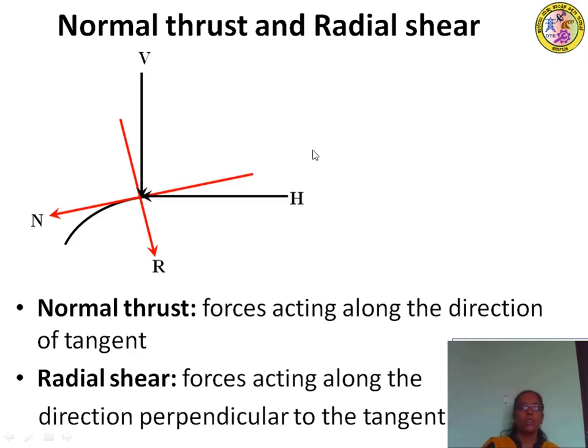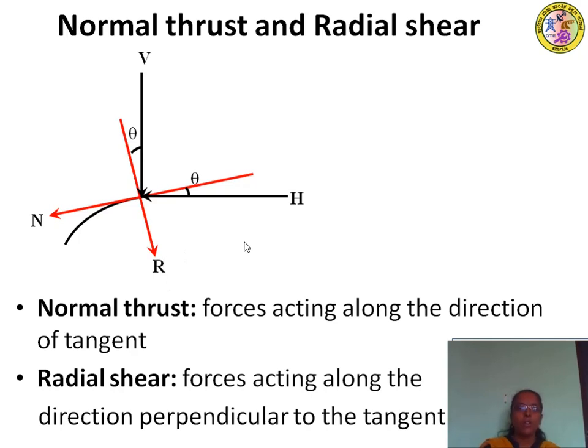So H and V are the net horizontal and vertical forces at any section where we need normal thrust and radial shear. Let theta be the inclination of H and V with respect to normal thrust and radial shear. So H is making an angle of theta with respect to normal thrust and V is making an angle of theta with respect to radial shear.